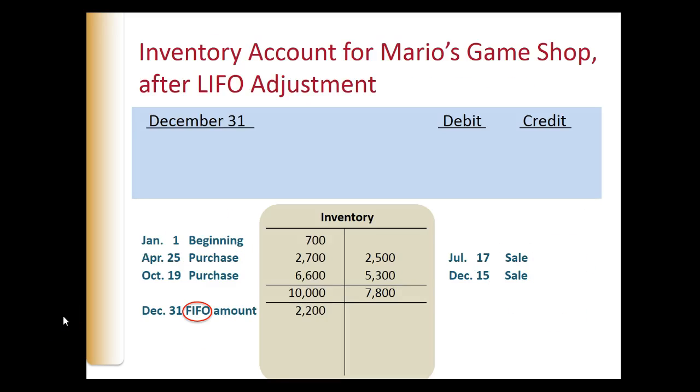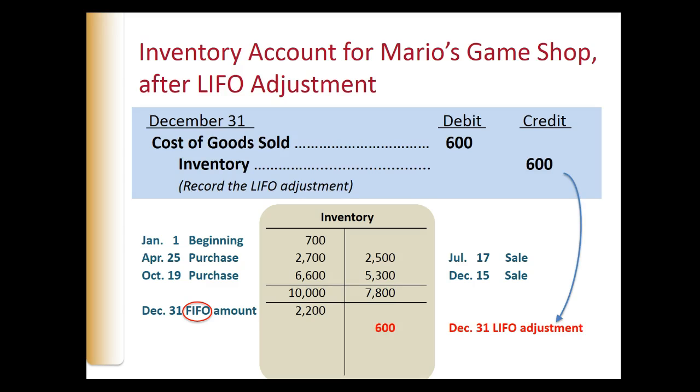Here's a summary of the inventory account for Mario's game shop after the LIFO adjustment. Mario's ending balance of inventory using FIFO is $2,200. Under LIFO, it is only $1,600.